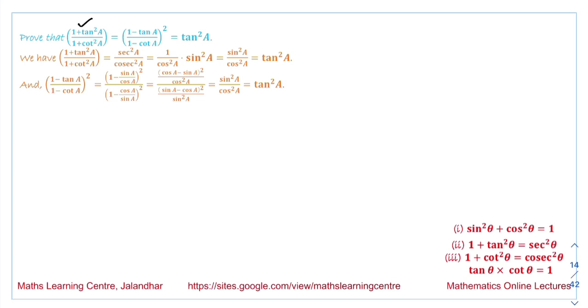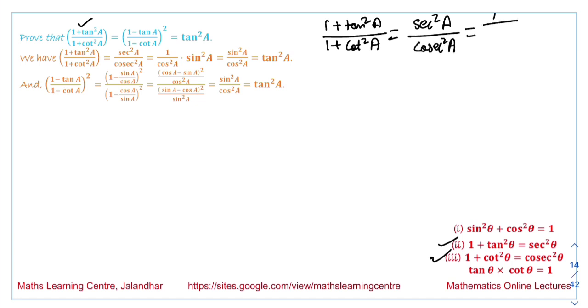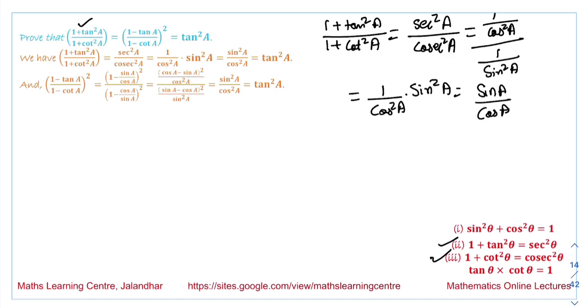If we start solving the first one, it is 1 plus tan square A over 1 plus cot square A. From the identities we know this is equal to secant square A over cosecant square A. This is equal to 1 over secant square A, which we can write as cos square A, over 1 over sin square A. This is sin square A over cos square A, which is equal to sin A over cos A whole square, and the answer we get is tan square A.